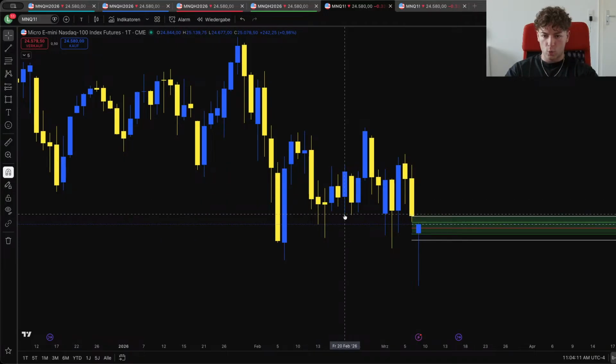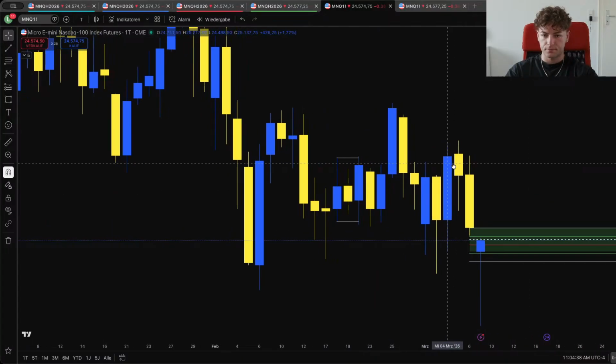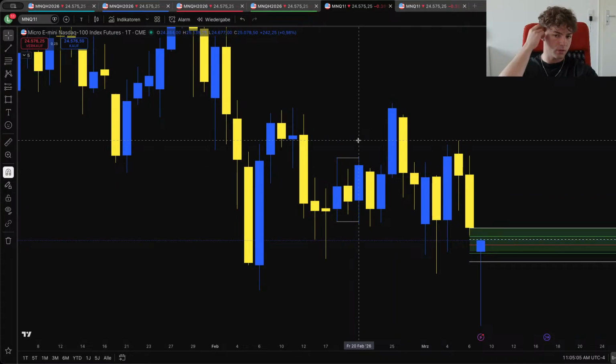Price can actually wick below the previous day's low or high, but if the body stays inside of the range, for example, let me just draw this out. We have this candle's high here, and we have this candle's low here. If you look closer, inside day here. Now this candle wicked lower than this day's low and wicked up higher than this day's high, but the bodies stay inside of that range nevertheless. So this is also an inside day.